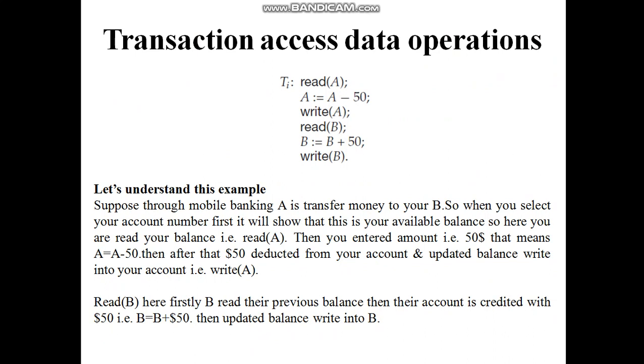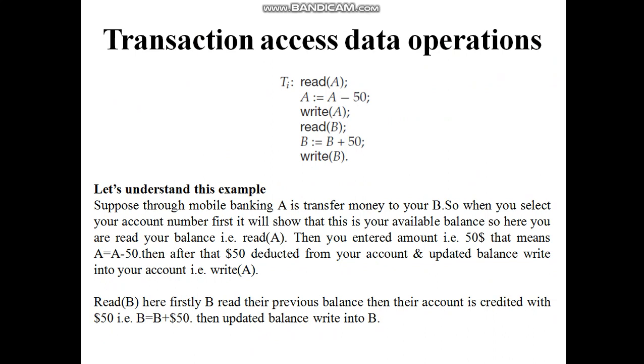you are transferring the 50 amount to another account. That means $50 is deducted from your account. So this is nothing but A equals A minus 50. After that your balance should be updated. That is nothing but the write A operation.